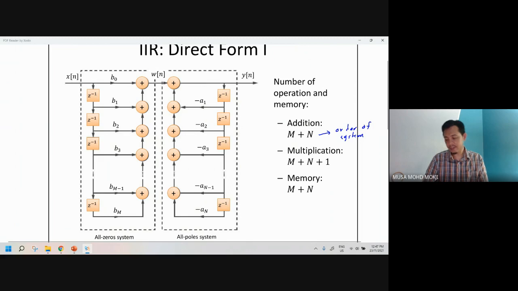I think you guys already heard about order before when you design a filter. There's a first order filter, second order filter, third order, fourth order, those kinds of things. In this case, we are looking at the highest number of M. It is similar. So multiplication is M plus N plus 1, and memory units M plus N. It depends on how many sequences you have on the input and output.